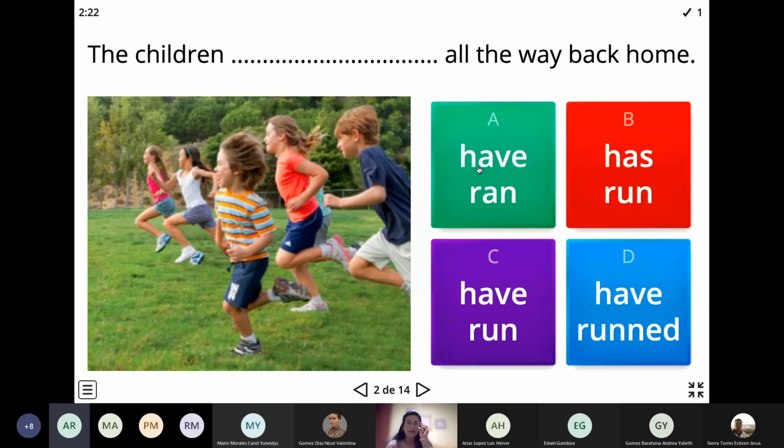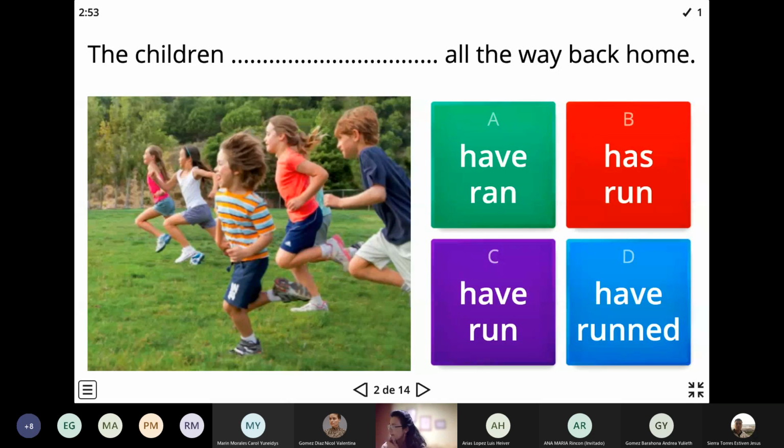The children have run all the way back home. The children has run, or the children have run. Who's able to answer the sentence? Angela, Lisette Moya, Anna Marin.